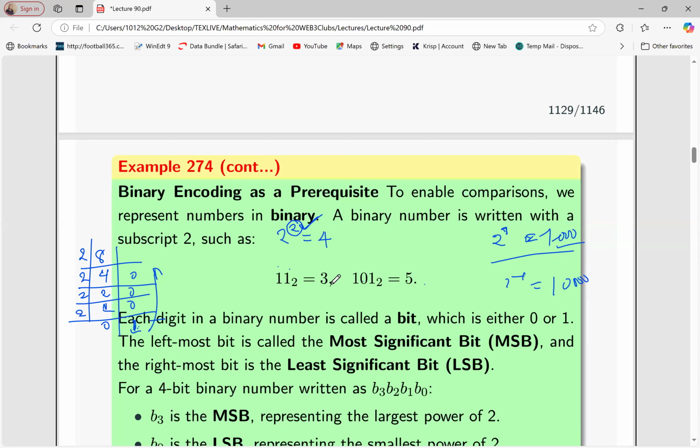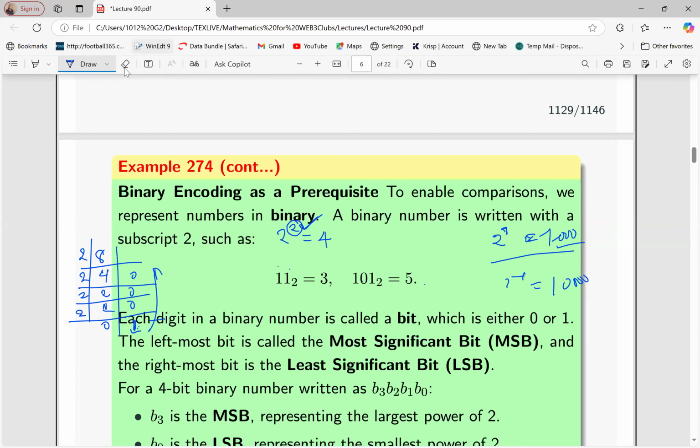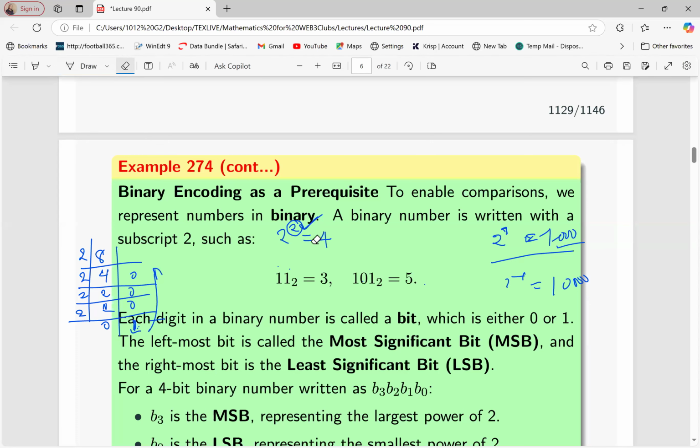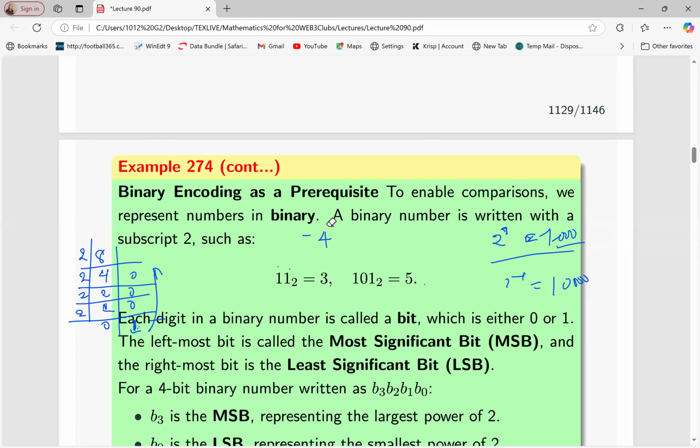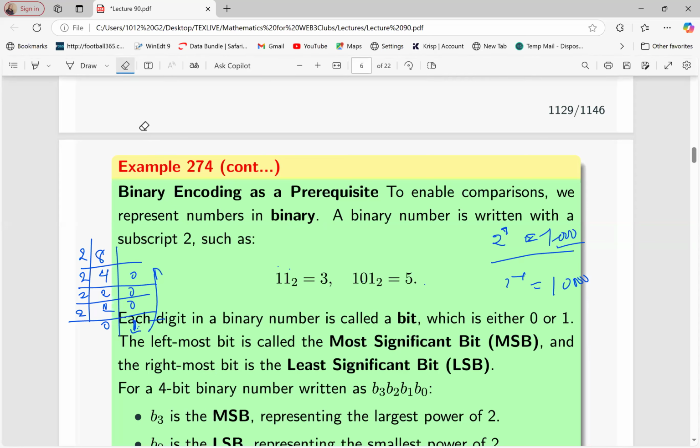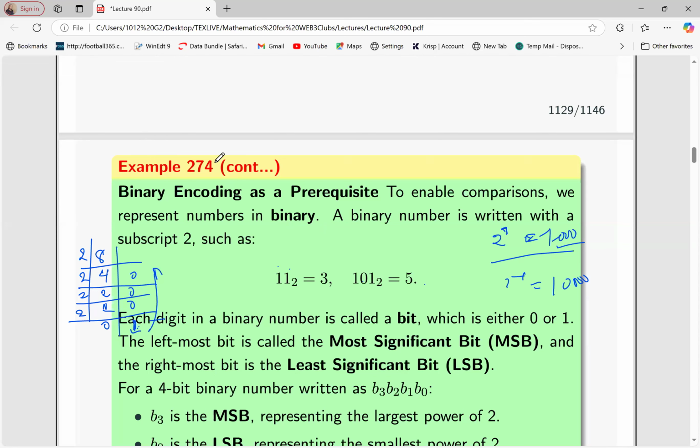Now, let me show you something else. Now, look at this.